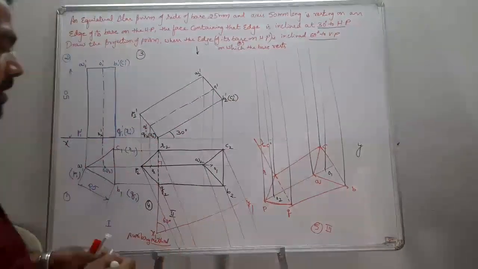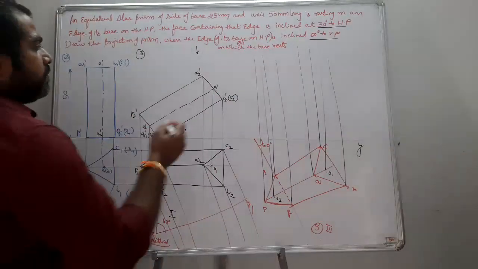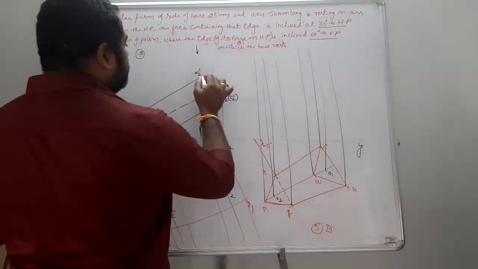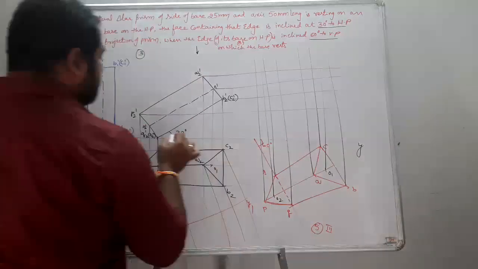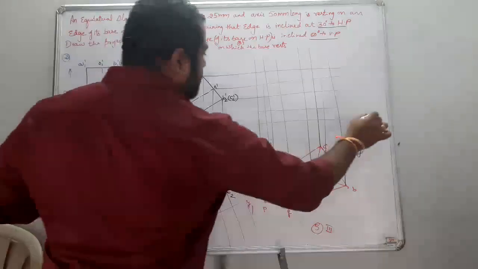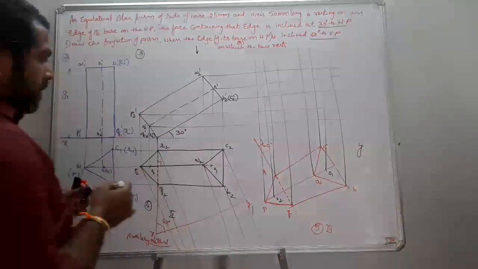And draw the horizontals from the previous front view. Now mark the intersection points.